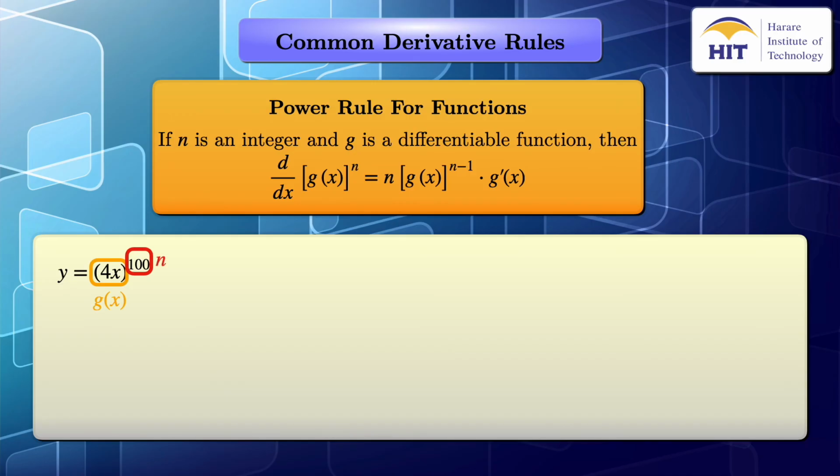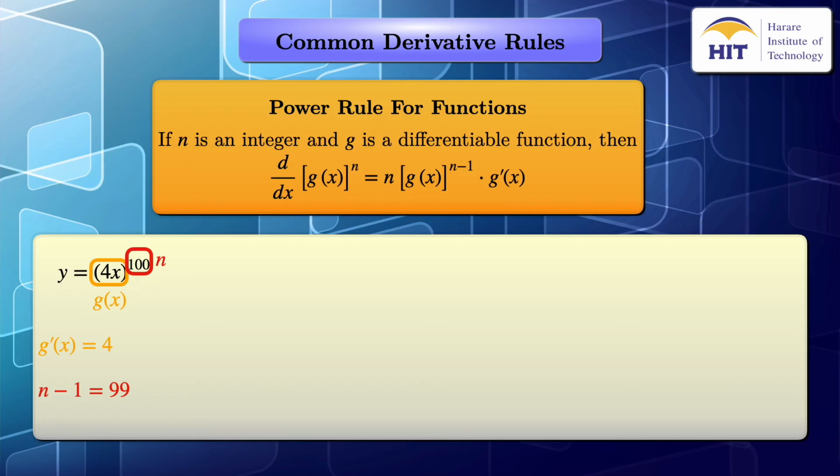So in our formula, we have a g prime of x, so we have to differentiate this g of x that we have here. The derivative of 4x gives us a 4. So we have g prime is equal to 4. And our n minus 1 is 100 minus 1, which gives us 99.